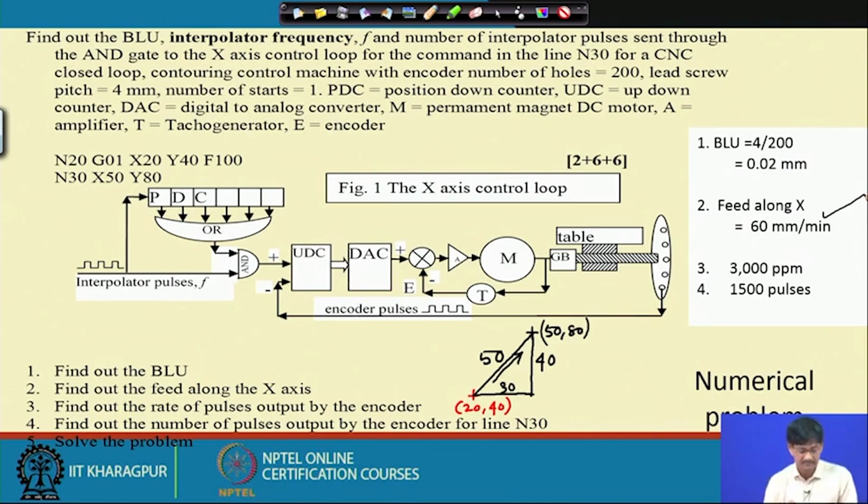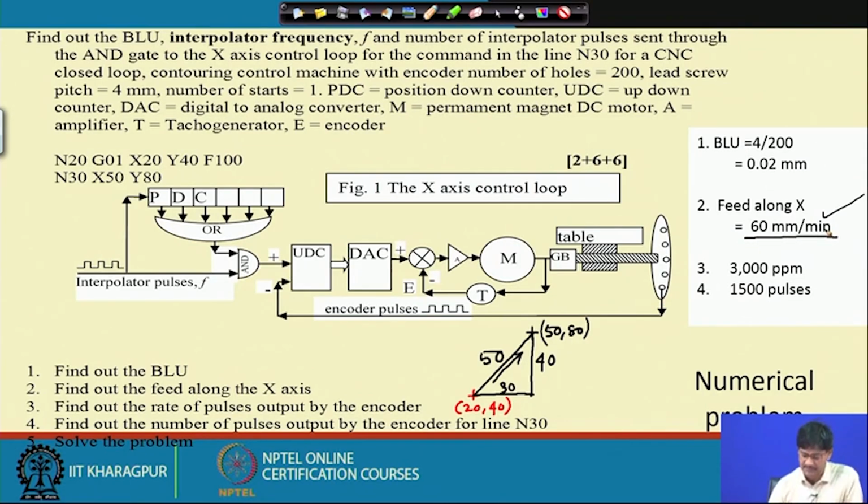Next, find the rate of pulses output by the encoder. This must be easy. We have done something like this in the last slide itself. Now, this is x axis. So, we are having 60 millimeters per minute. Okay.